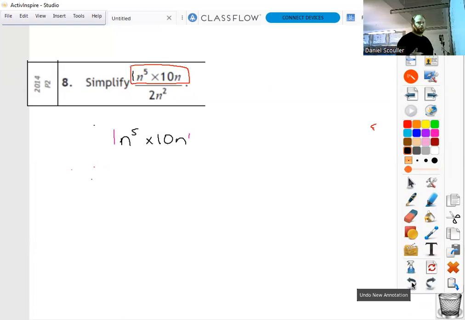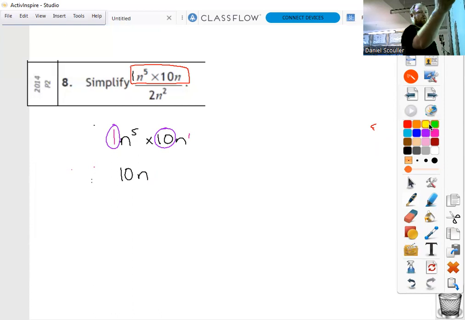Okay, but in algebra, they don't write it because they like to confuse you. Now, rules of indices, the numbers in front, when we're multiplying, get multiplied together. So 10 times 1 in this case. So the answer is going to have a 10 in front of it. And then it's going to have the n. And then we're multiplying, so we're adding the indices together.